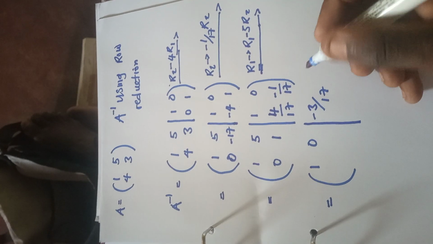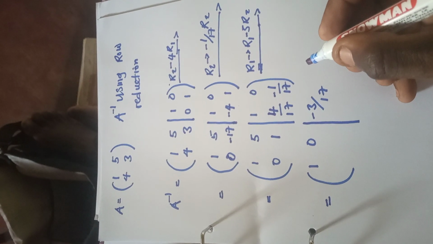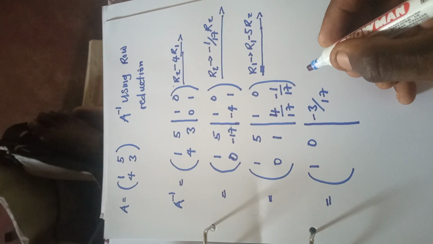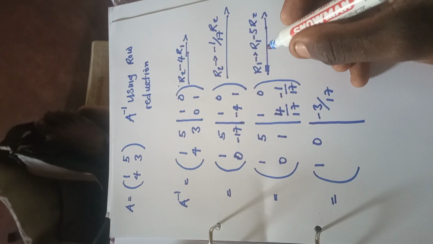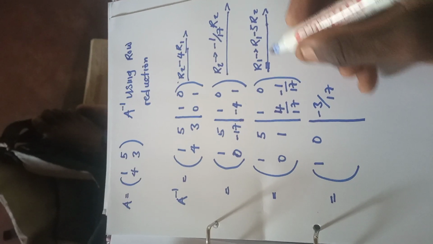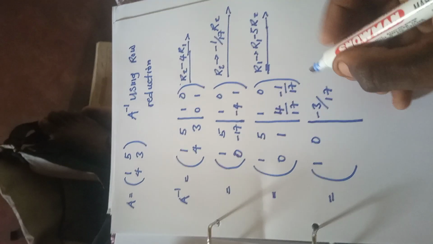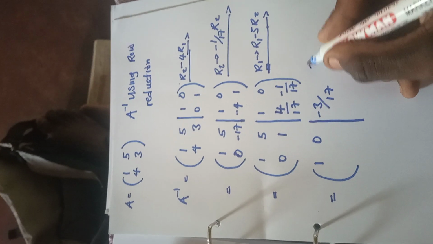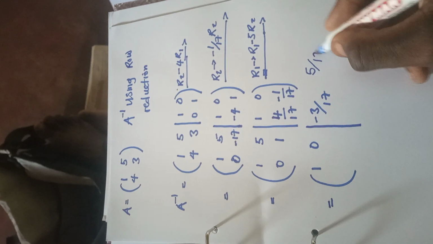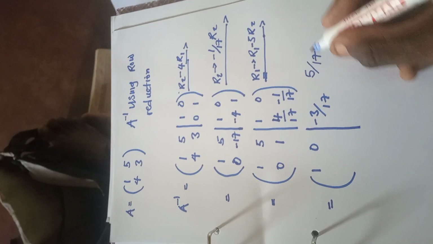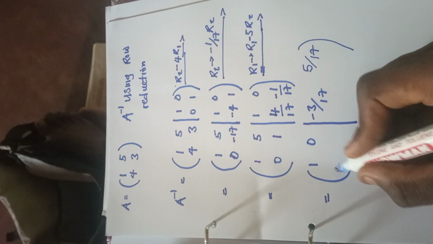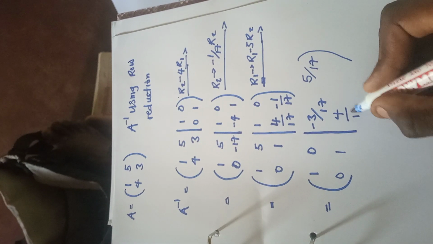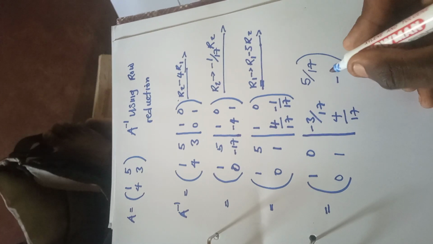Then on this side, I'll say if I place a 0 then times positive 5 over 17, like this. Then down it will be the way it is, 0, 1, 4 over 17, or negative 1 over 17.